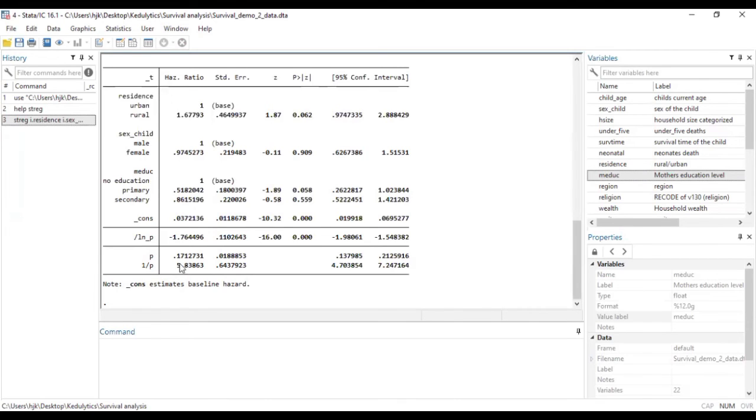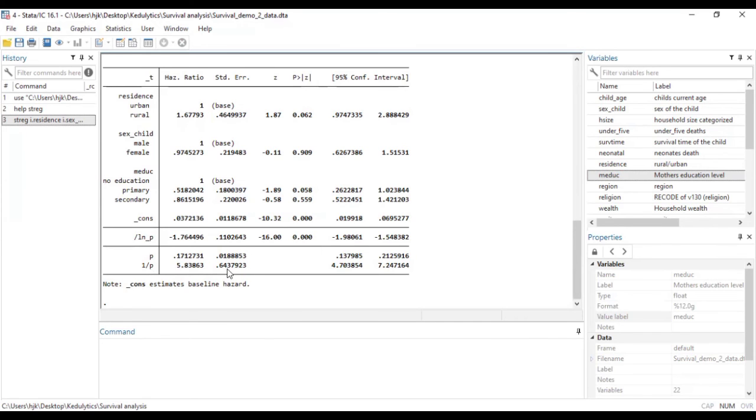But in the case where this is lower and this is higher, then it means that the event of interest occurs relatively faster. So in this case, the rate of death or mortality among these under 5 children is relatively lower because this value is a little low while this is high.